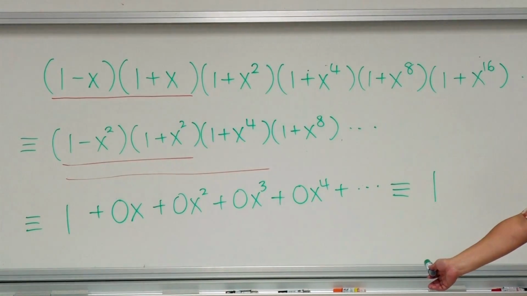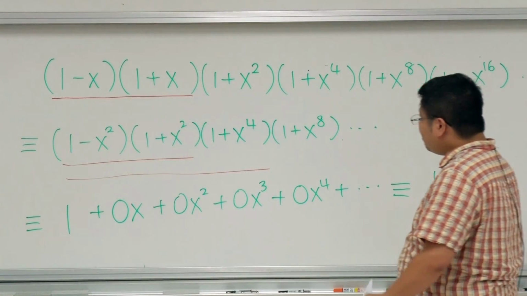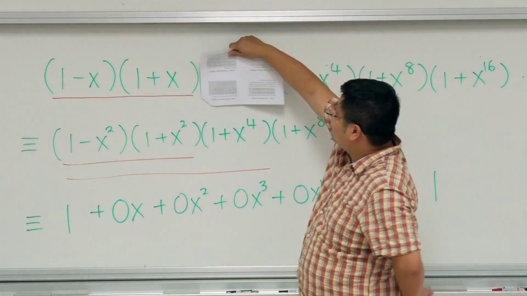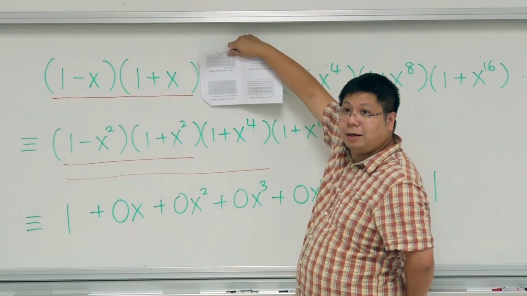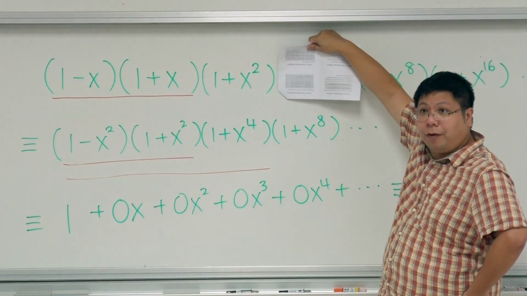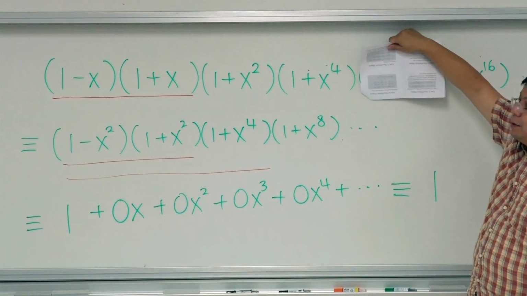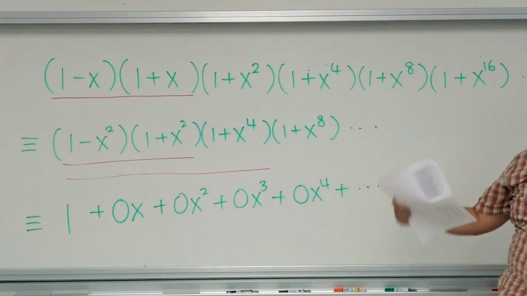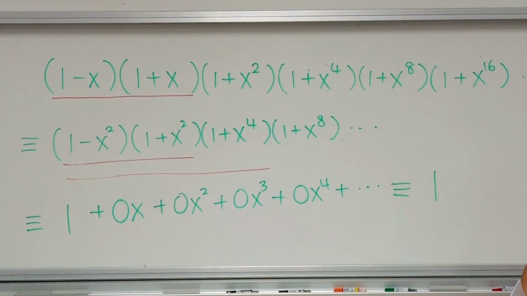A little bit hard to imagine, but you can also think about this as, if we stop here, we just have 1 minus x squared. If I stop here, I will just have 1 minus x to the power 4. If I stop here, I will just have 1 minus x to the power 8. So anytime we stop, you don't have x, you don't have x squared, you don't have x cubed.